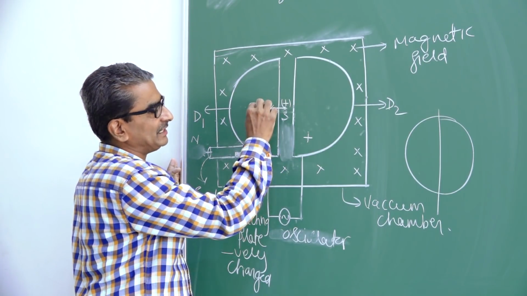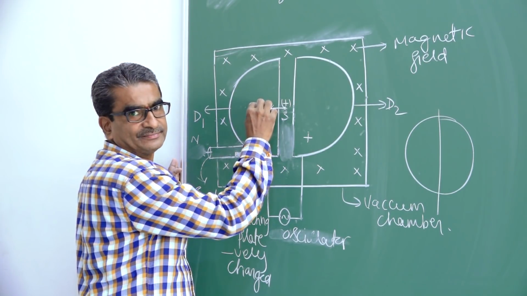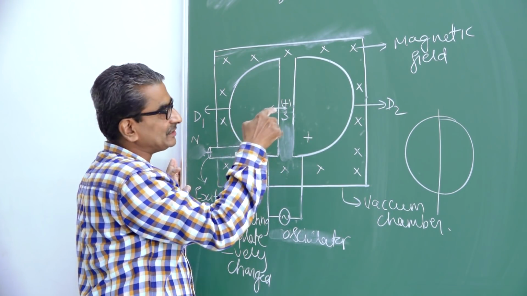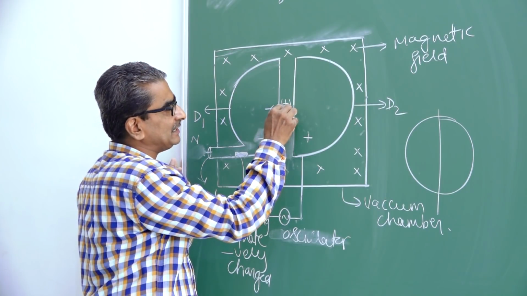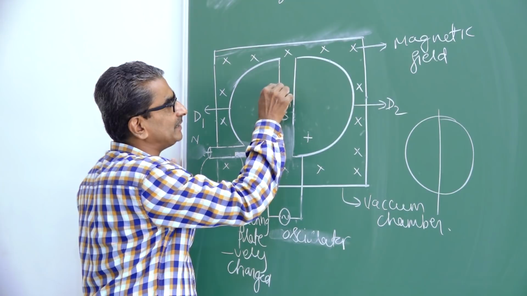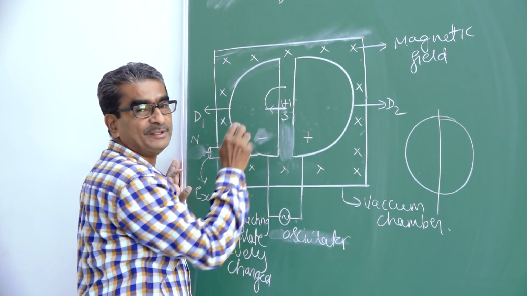So it enters into the D. But because of the magnetic field which is acting on the charged particle, it's going to deviate like this. It's going to deflect and describe a circular path, a semicircular path.